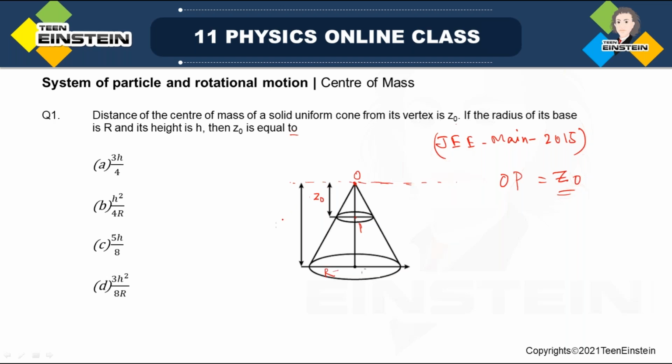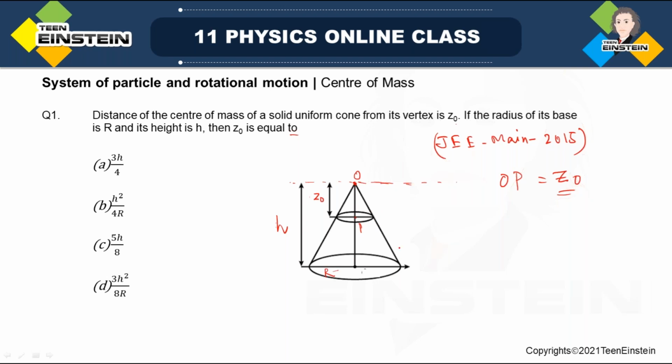One more piece of information is given: the height of the cone is small h. To solve this problem, you have to find the position coordinate of the center of mass.